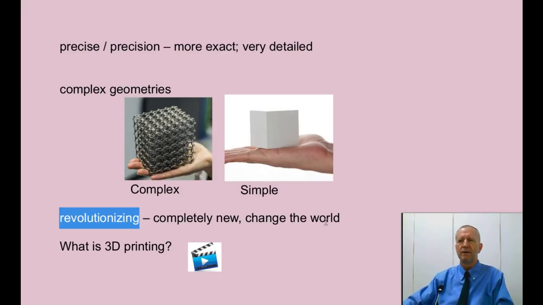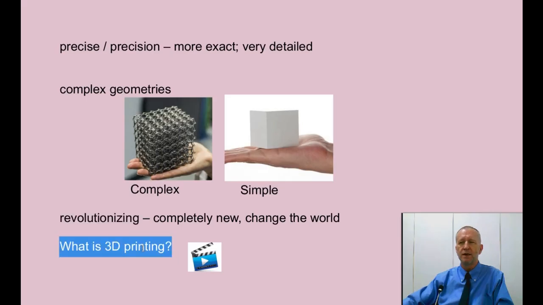Okay, we had the industrial revolution, we've had the computer revolution, we've had the information revolution, and now we're in the field of manufacturing. We're having a new revolution on how to do things. Okay, so let's get on with what I promised you. What is 3D printing?